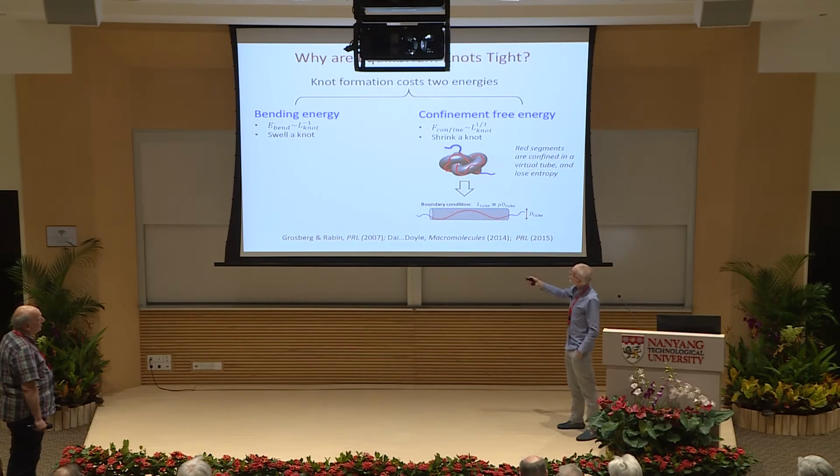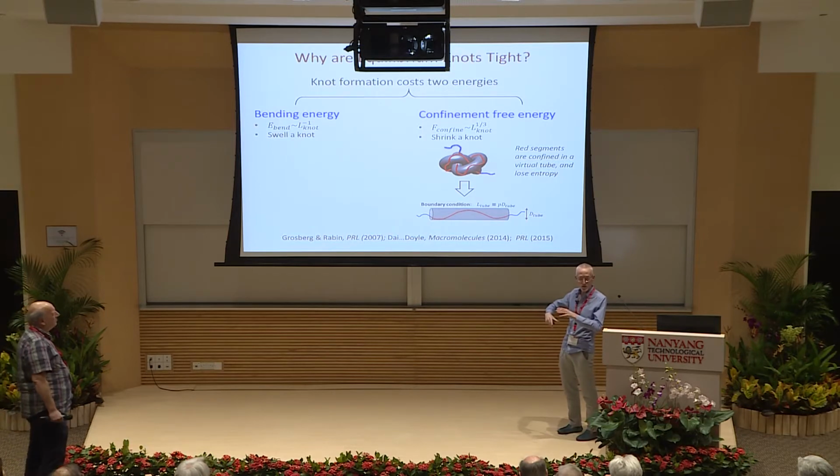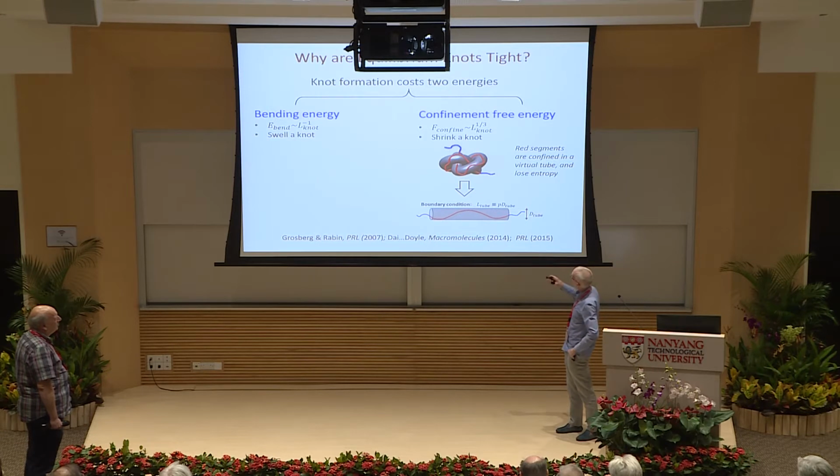However, what a knot does is it's kind of like being in a polymer melt, where you have a virtual tube, so you have some limited degrees of freedom for the chain. How much of the chain is affected is basically the red portion, or how much of the chain is in the knot.